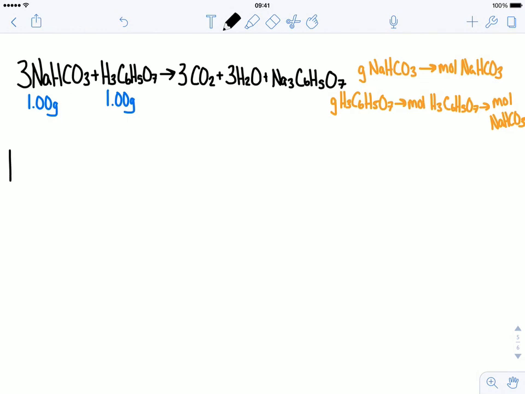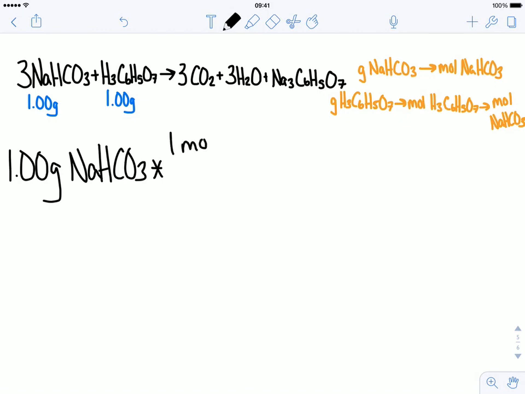So we have 1.00 grams of NaHCO3, and how many moles does that make? Well, we just figure that out by dividing by the molar mass. So 1 mole of sodium bicarbonate, we divide that by 84.01 grams.